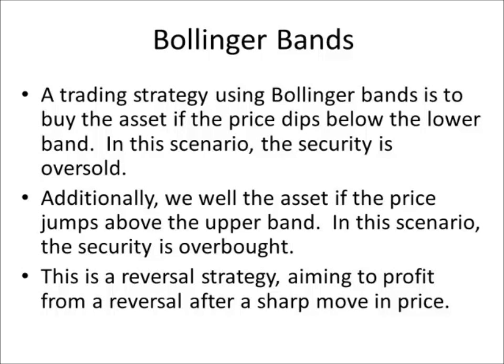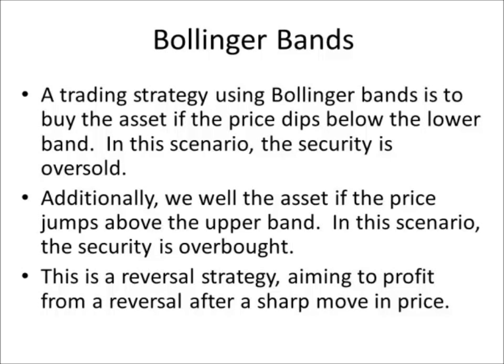So if the price dips below the lower band, in that scenario, the security is oversold. So we should buy the stock when it falls below the band. And on the flip side, we should sell the stock when it jumps above the upper band. When it jumps above the upper band, in that scenario, the security is overbought.